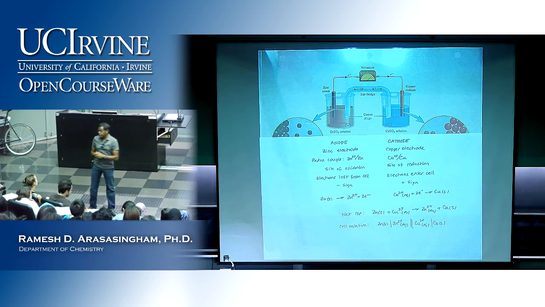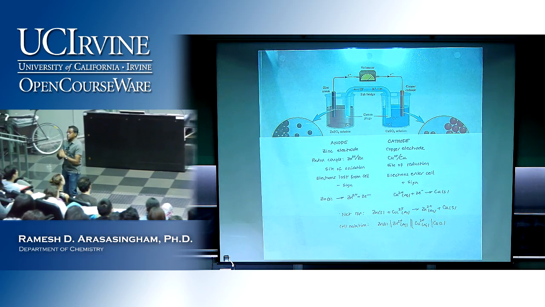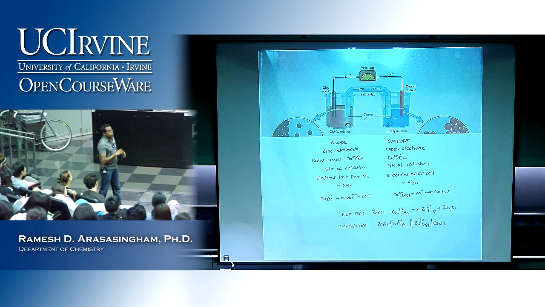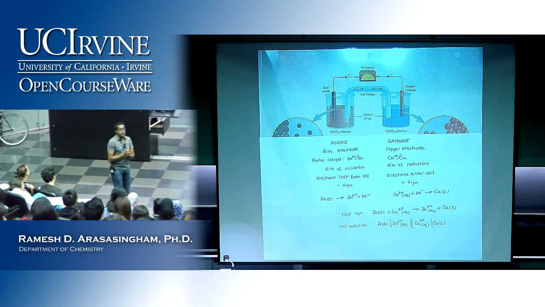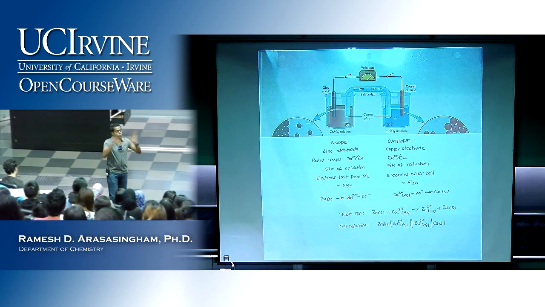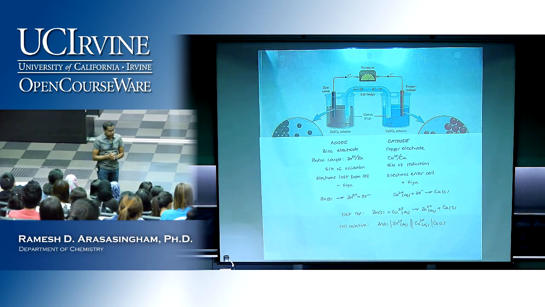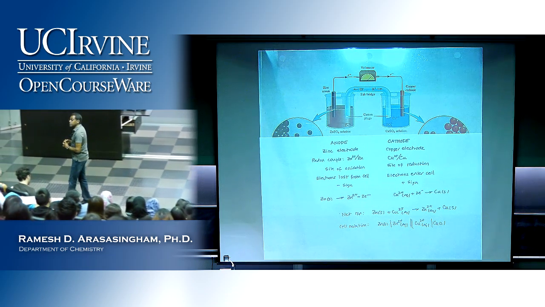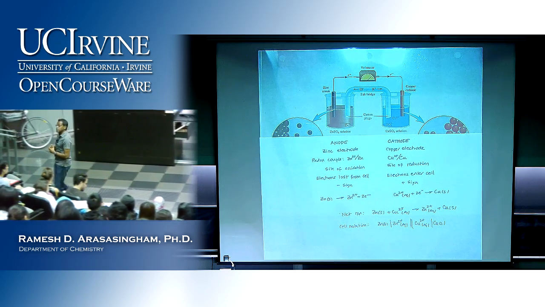And in the reduction half reaction, you can see that the two electrons are taken up. The net reaction would be the sum of the two, and overall, the net reaction summarizes what's going on in this galvanic cell.